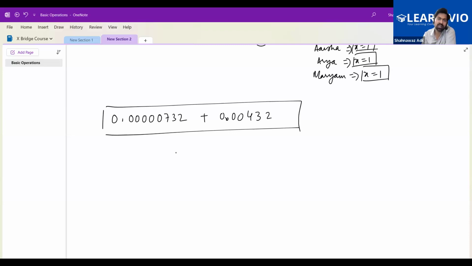We require scientific notation to get rid of this messy classification. We have to change these numbers into scientific notation, and then we can do the calculation. That is why we require scientific notation. You can see that this is not good looking.